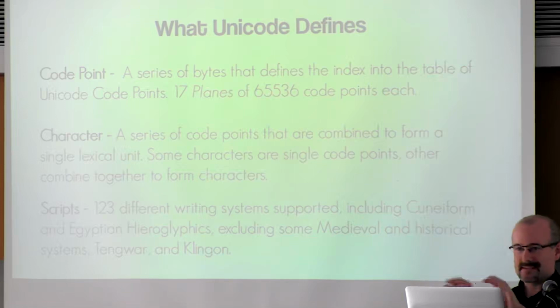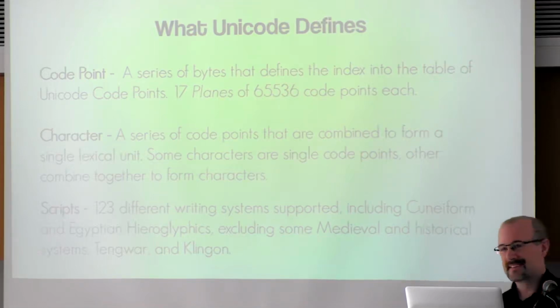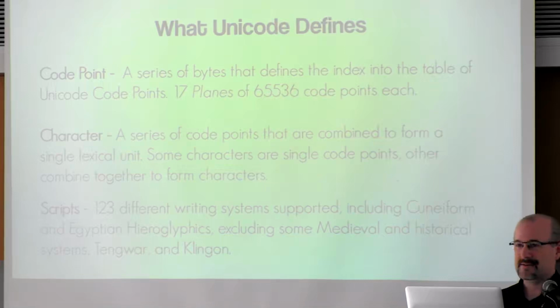Old Norse or something has certain characters that might not be in the Unicode set. Some medieval languages are not there. And science fiction languages like Tengwar and Klingon are not represented in Unicode, though there are some people very actively pushing for their inclusion. So don't be surprised at some point if there's a high elven Unicode code page.